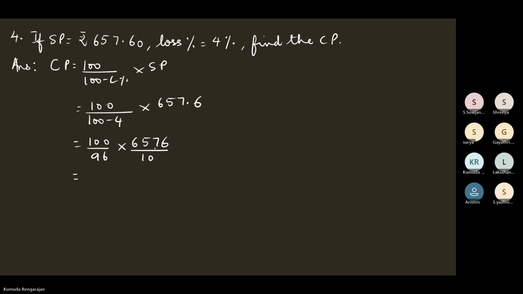Yes, ma'am. 0 and 0, then? 65760 by 96. So we get 685. Okay, you didn't simplify, meaning you didn't cancel, is it? Okay, fine. All right, 685 is the right answer, children. Please simplify.